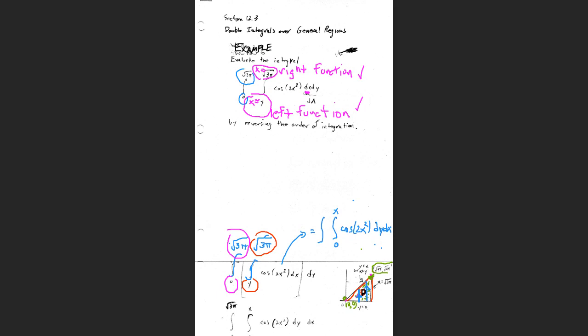Now when you see x, this x means y equals x. And this 0 here means y equals 0. It's your top and bottom function. And then the x variable would have to go from what? 0 to root 3 pi.